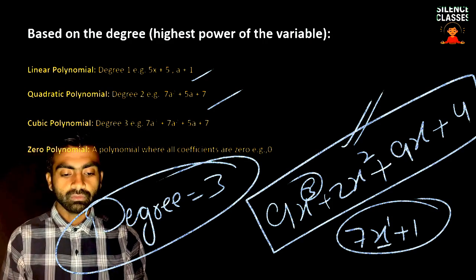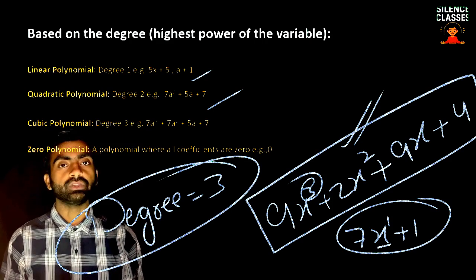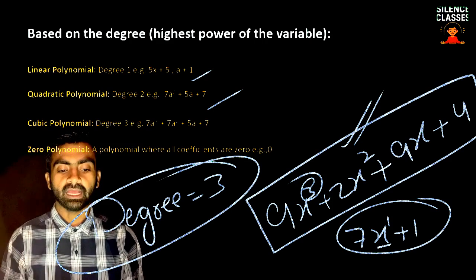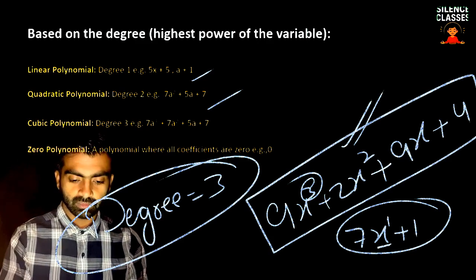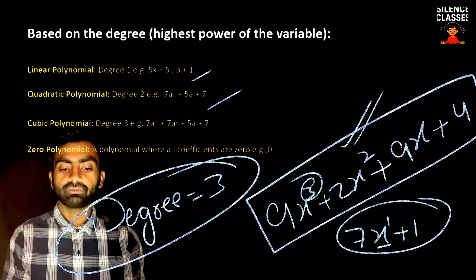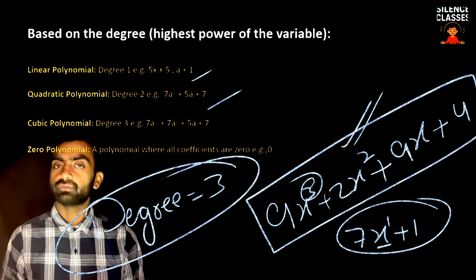Now, zero polynomial: a polynomial where all the coefficients are zeros. When all the coefficients are 0, it is known as a zero polynomial. I hope you guys understood how you have to find each and everything on the basis of degree.